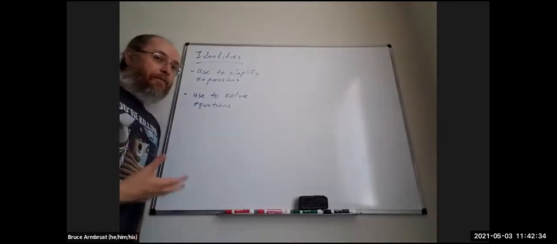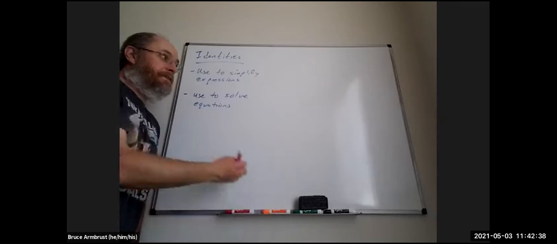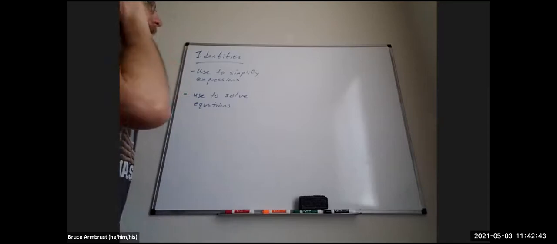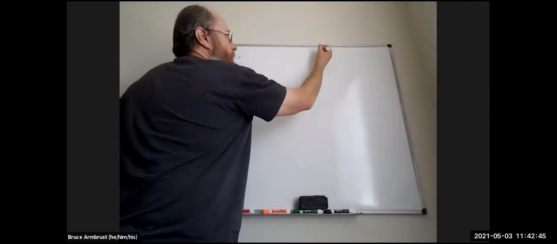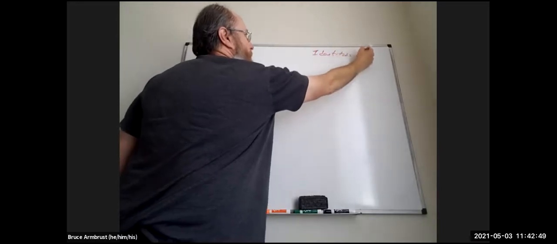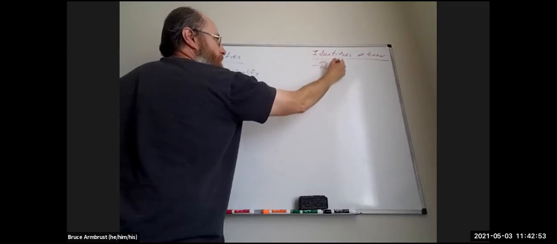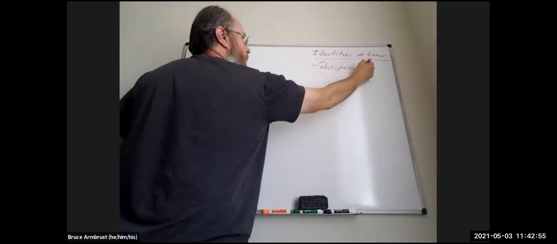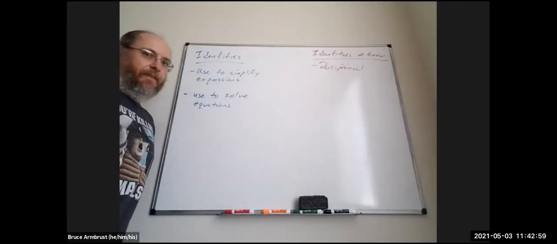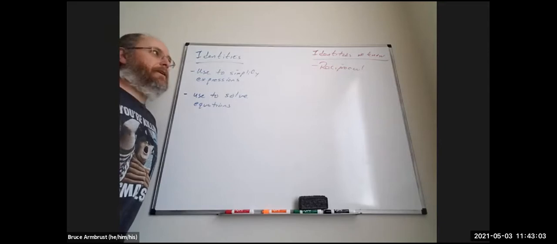So we already have a fair number of identities, right? Let me just remind you of the list of identities that we already know. So here are the identities we know. I'm just going to give the groups. So we've got the reciprocal identities. Those were the like secant is 1 over cosine kind of deals.